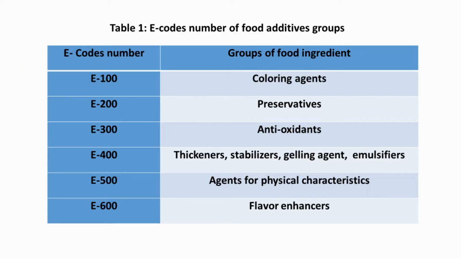So there are several examples. E100 means coloring agent, E200 means preservative, E300 means antioxidant, E400 means thickener, stabilizer, gelling agent, or emulsifier. E500 is agent for physical characteristics.